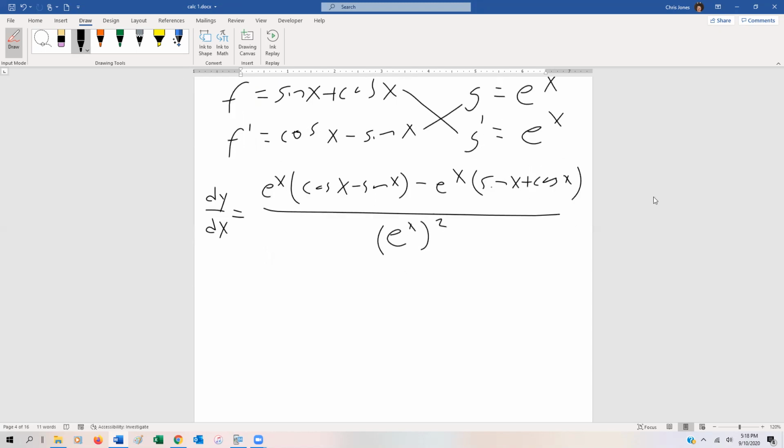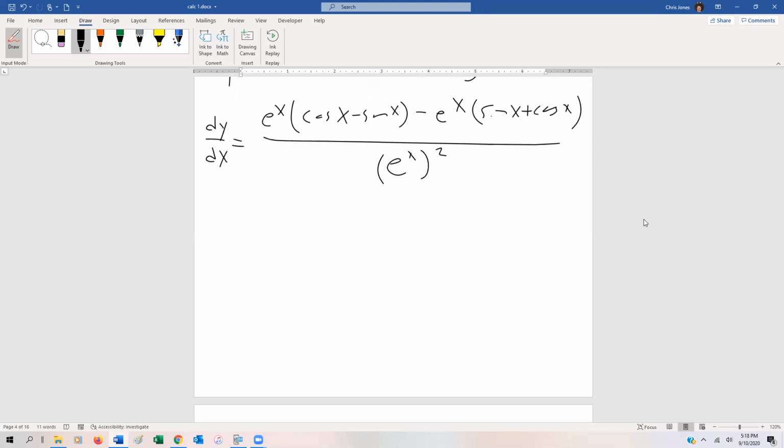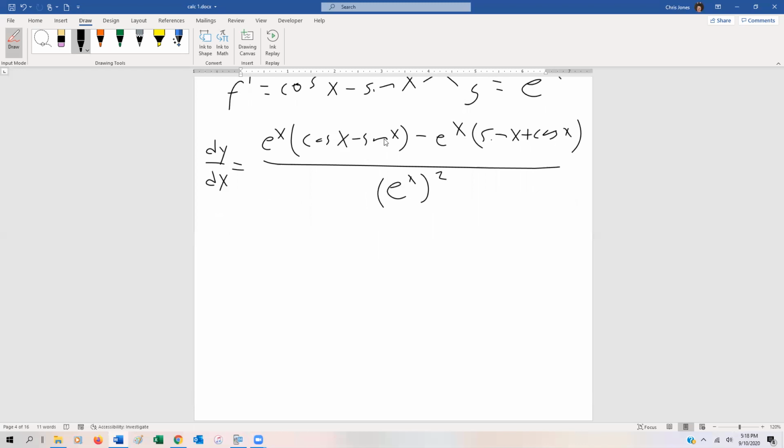Now we are going to simplify this, and there are a couple of ways we can do it. One thing you could do is factor the e to the x out of both terms in the numerator, which is what I'm going to do. So I'm going to rewrite this as e to the x, and inside I'm going to distribute the negative to these two terms.